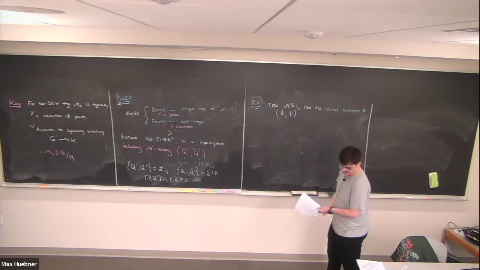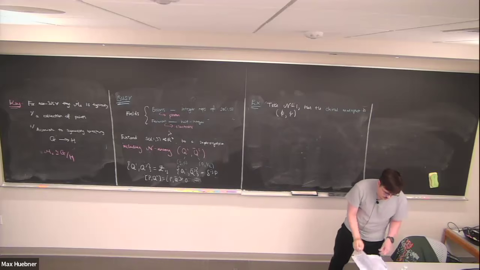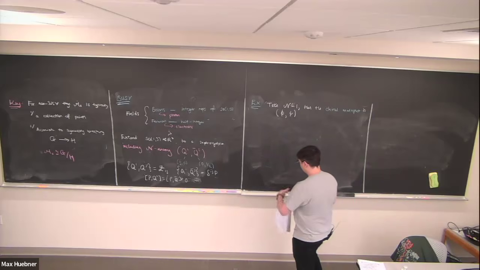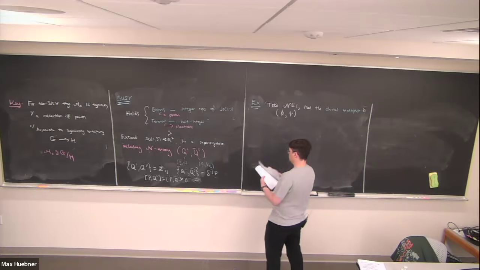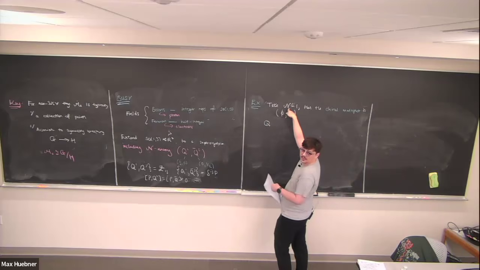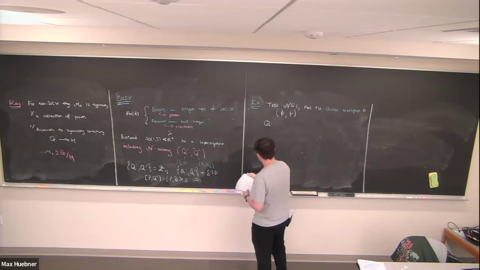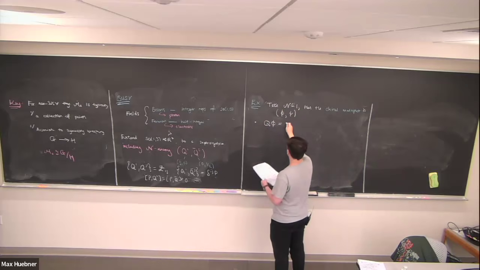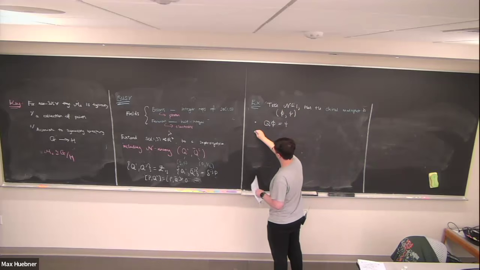And how are these related? Well, I can write down the relations just to be complete. You have Q, because I only have one, I'm just going to call it Q with no indices. Q acting on the complex scalar is just going to give me the spinor.